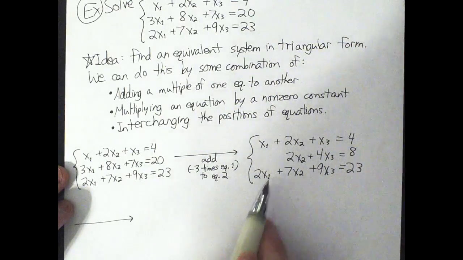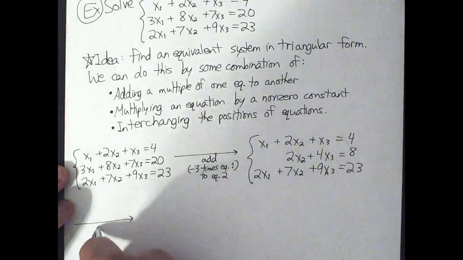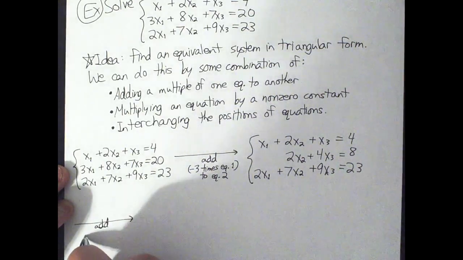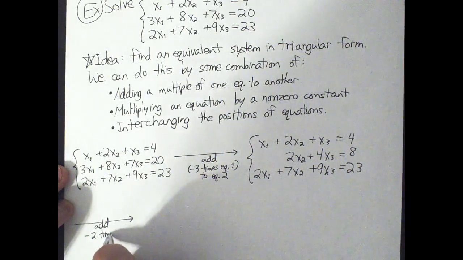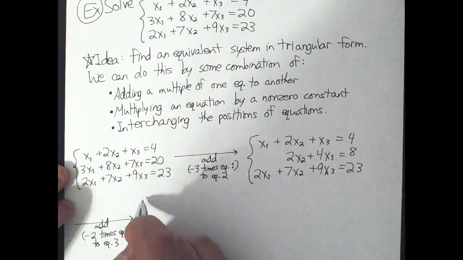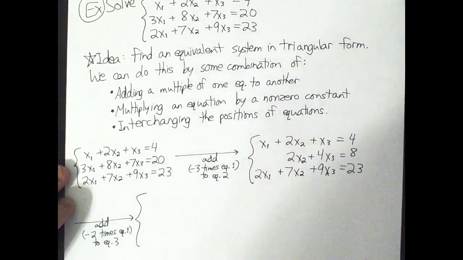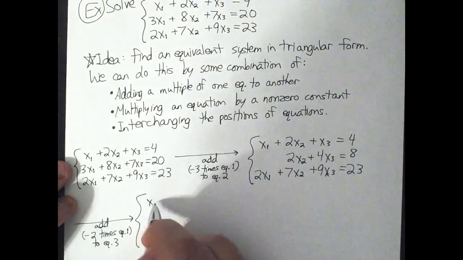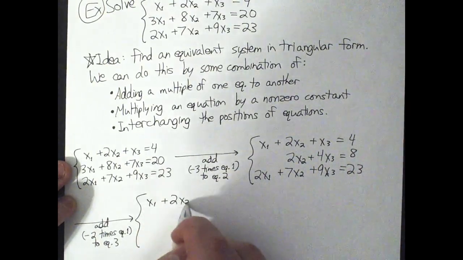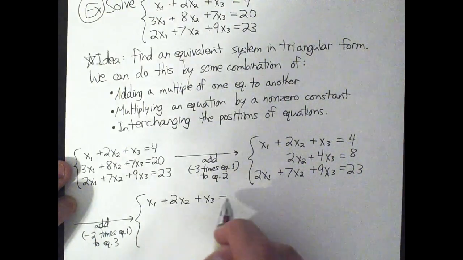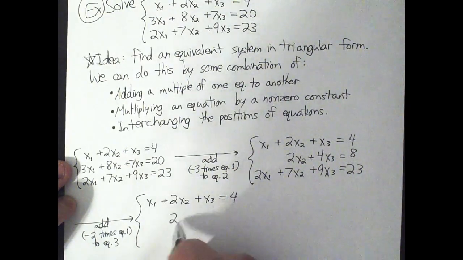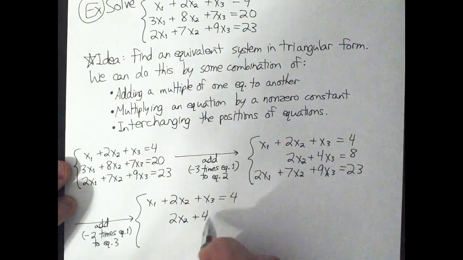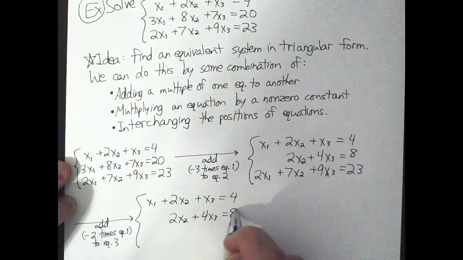To knock out that 2x1, I'm going to add -2 times equation 1 to equation 3. And right now, when I do this, I'm not changing equation 1, so I'll just copy it. I'm not changing equation 2, so I'll just copy it, so that we make sure we don't lose anything.